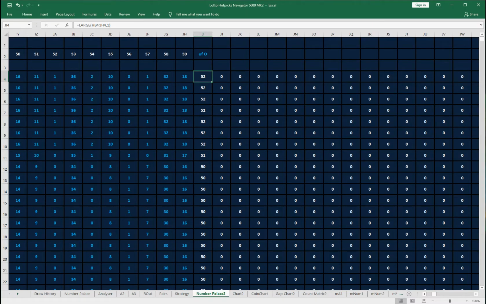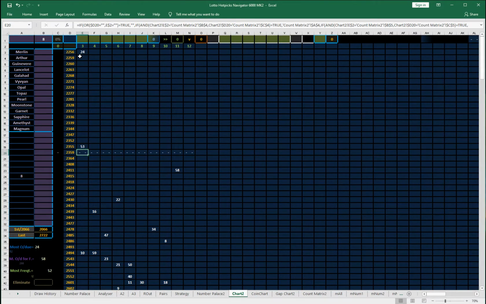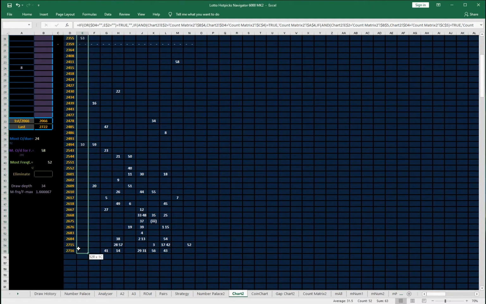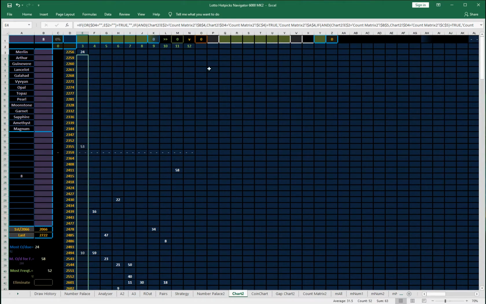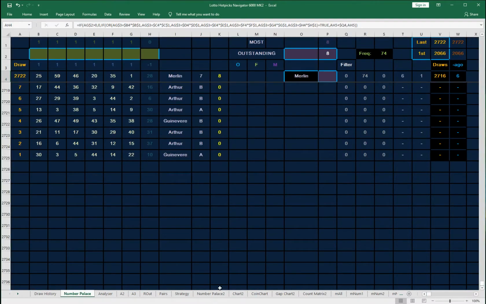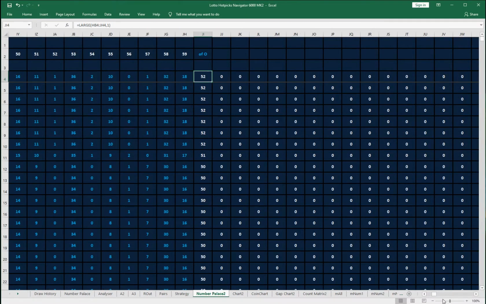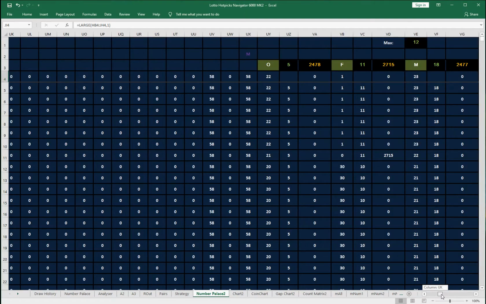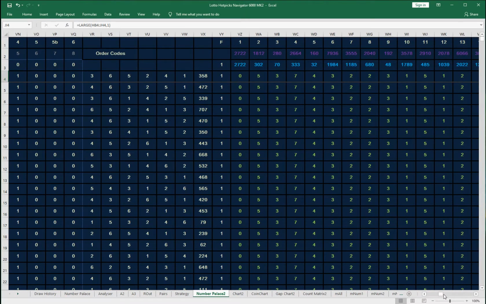So the height of the chart is 52. And if we look, we measure that. See, if you look down there, the count is 52. So that's the height of the chart at the moment. And so to work out the average, what we have to do is keep track of the average height of the chart continuously.